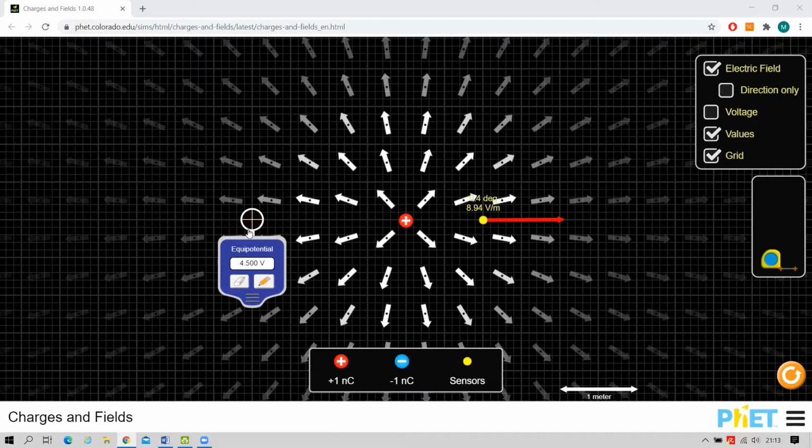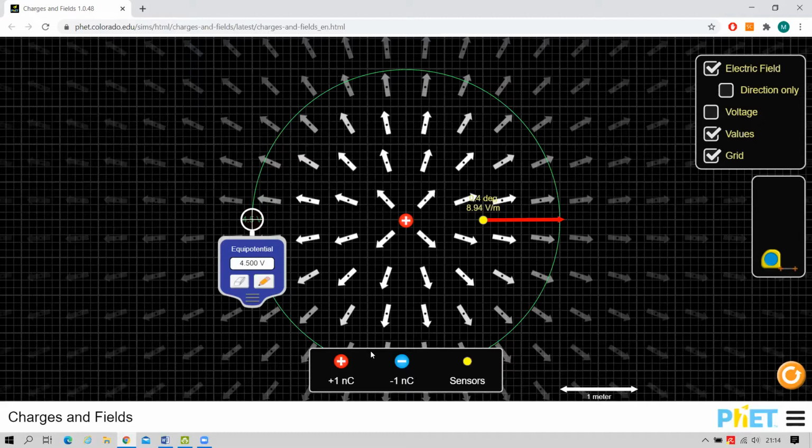What other things can this device do? There are also 2 buttons at the bottom over here. One is in the shape of a pencil and the other is the eraser. If you press this pencil button, it draws a circle around the charge. That circle is nothing but the equipotential line.